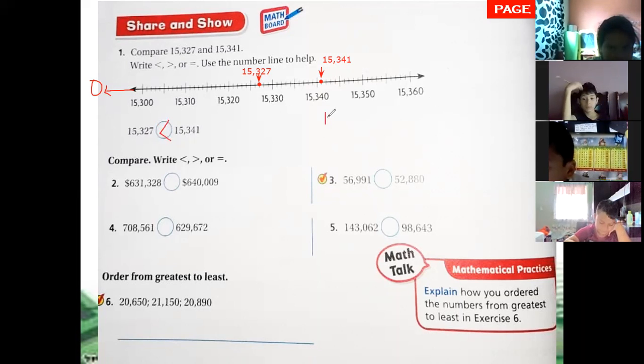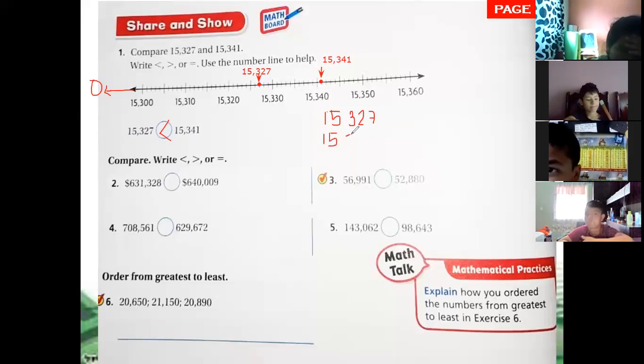If we compare the numbers 15,327 and 15,341 digit by digit, so far the first digits are equal. I'm explaining how to compare the numbers.